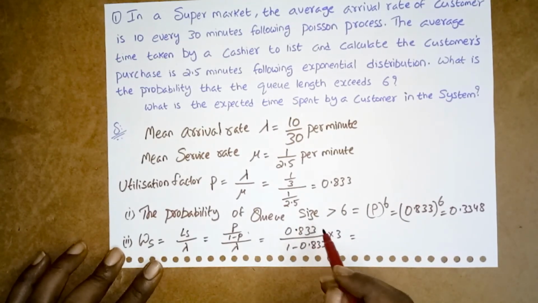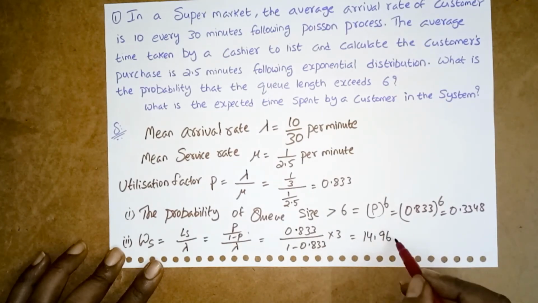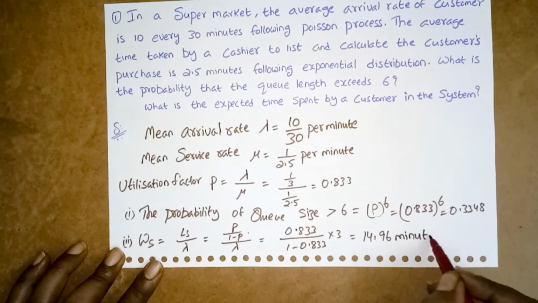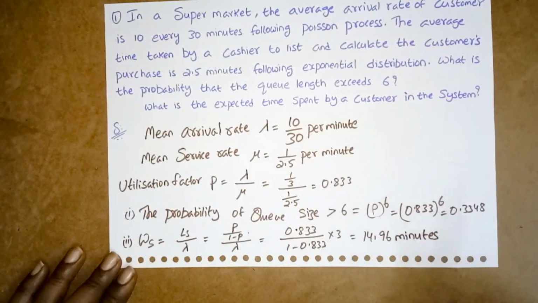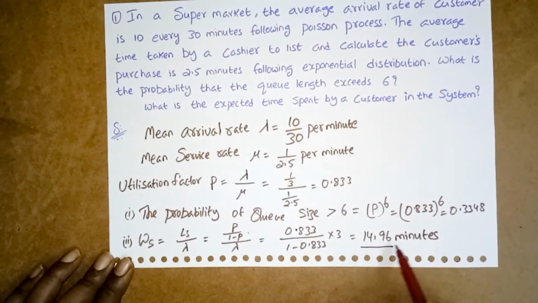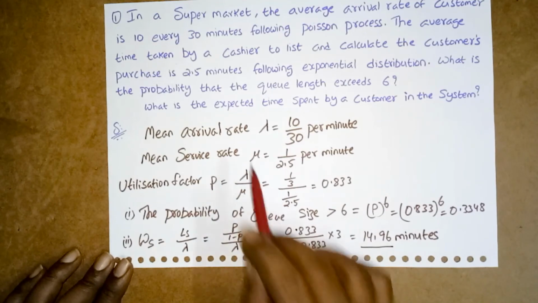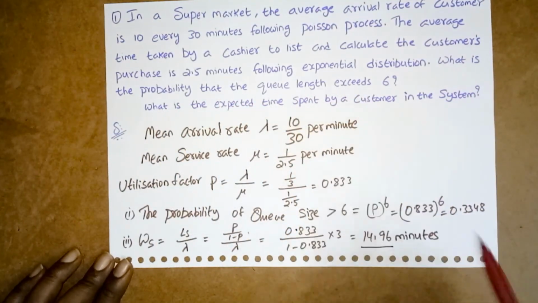After calculating, we get around 14.96 minutes. So the expected time spent by a customer in the system is 14.96 minutes, and the probability that the queue length exceeds 6 is the one we found earlier.